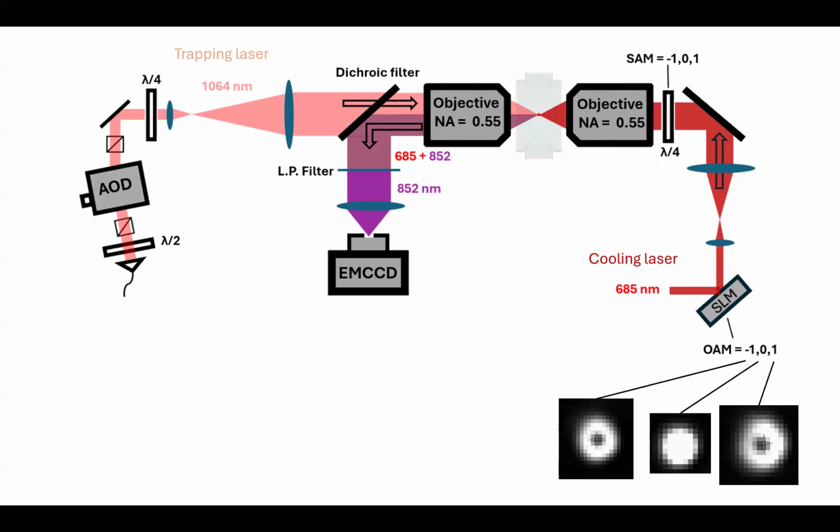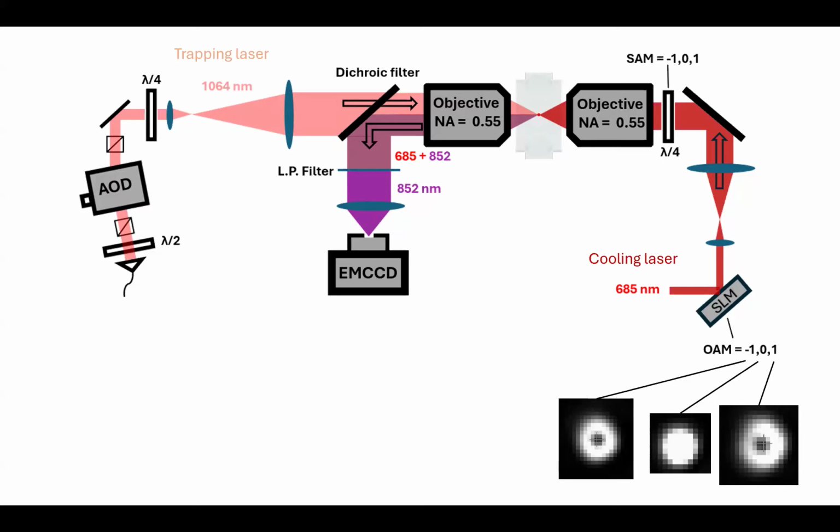What comes in is 685 and 852 at the EMCCD camera. If you just remove the filter and there is no atom, then you can also see this beam on the EMCCD camera. If we want to image the single atom, the photons coming out of the atom, then we put a filter so that we block this light. But if we first want to see whether the light is there and at the correct position, we can do that by just removing the filter.